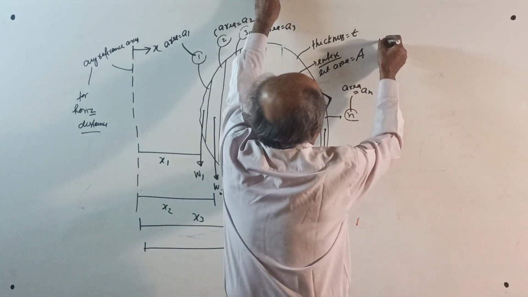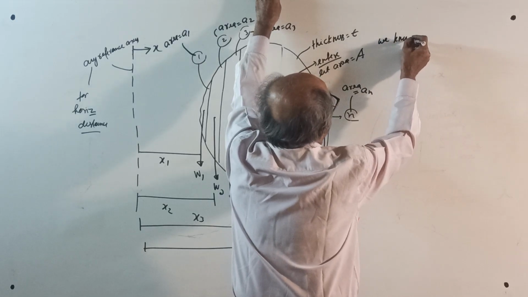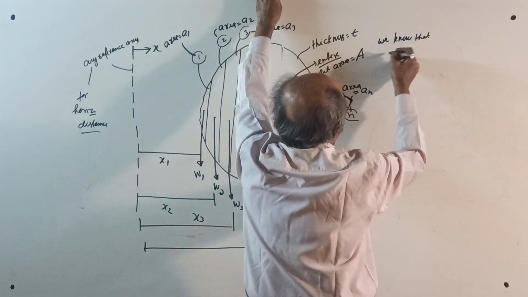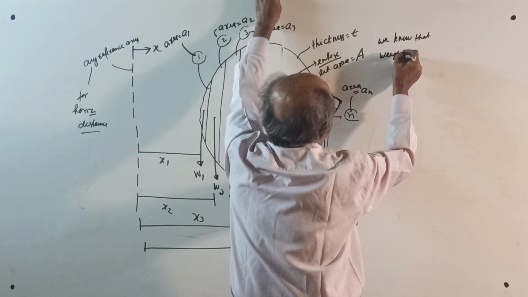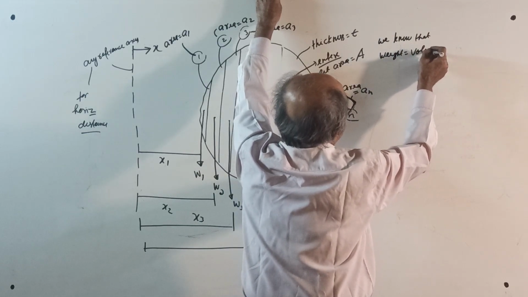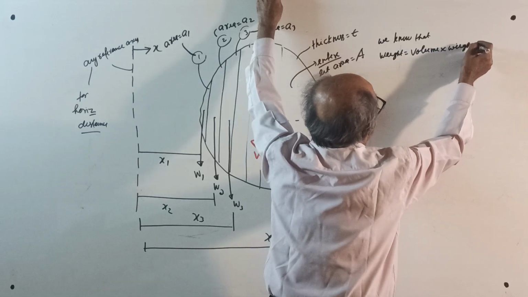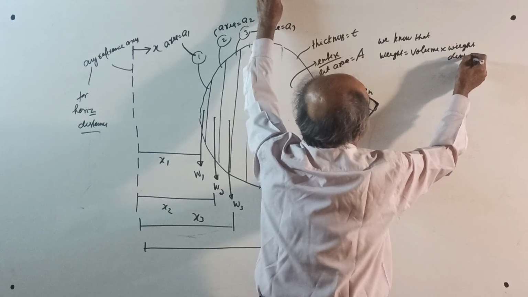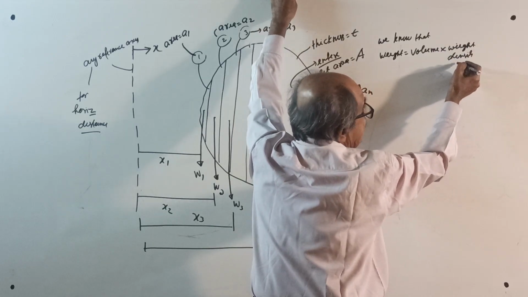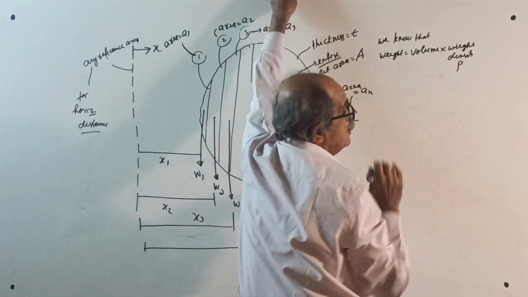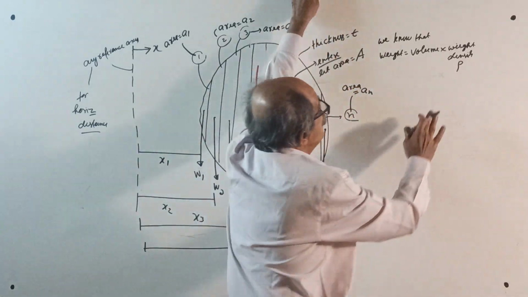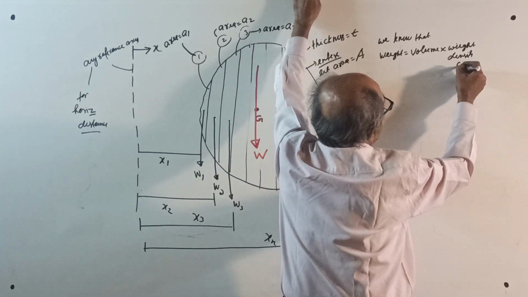Now, we know that weight equals volume into weight density. You should know from physics. Let it be rho, some symbol. Some people use W for weight density instead of rho.